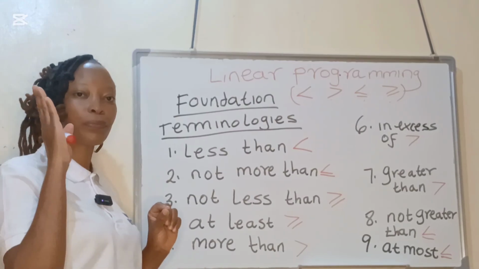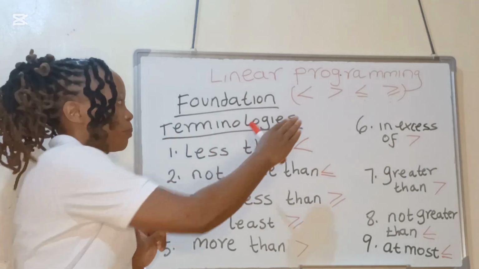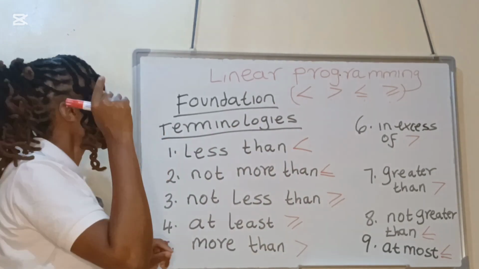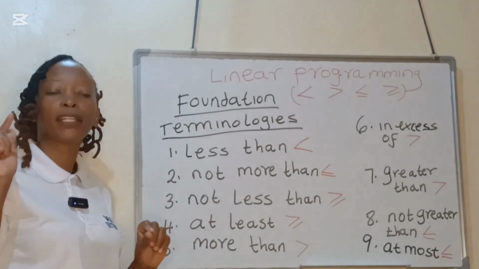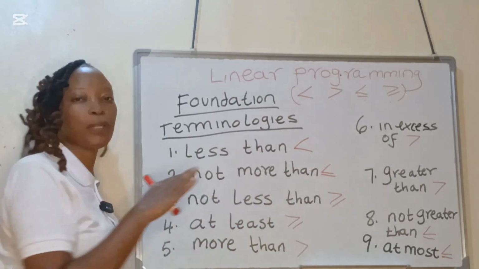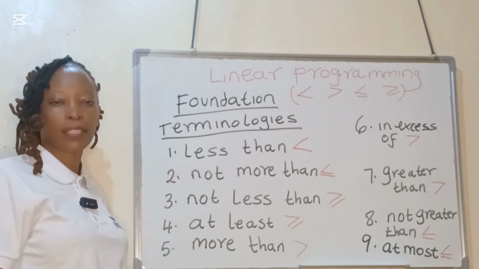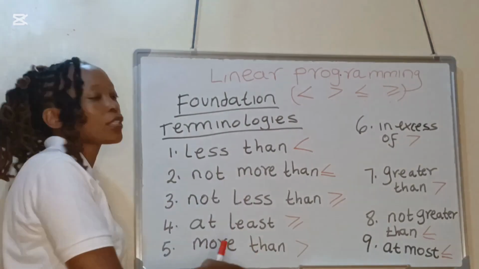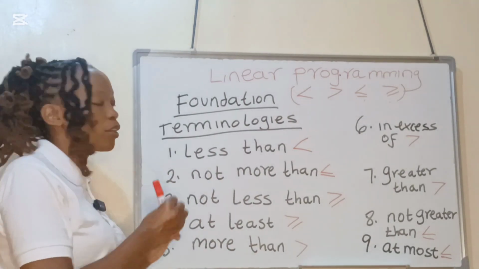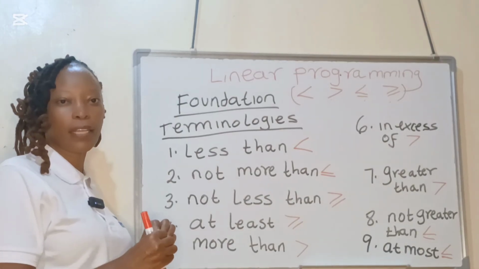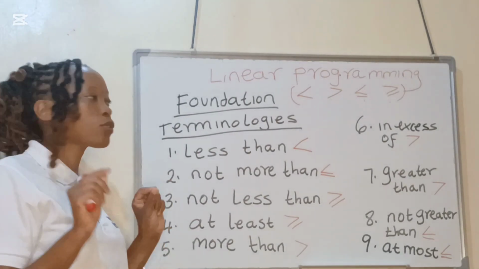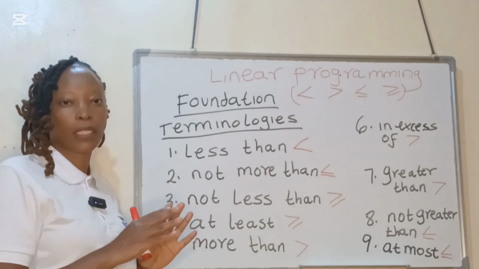You have to know the 4 linear inequality tables, which I have shown and explained. You also have to understand these 9 terminologies, and which inequality table to use when you come across them. I got these 9 terminologies from different books on linear programming.